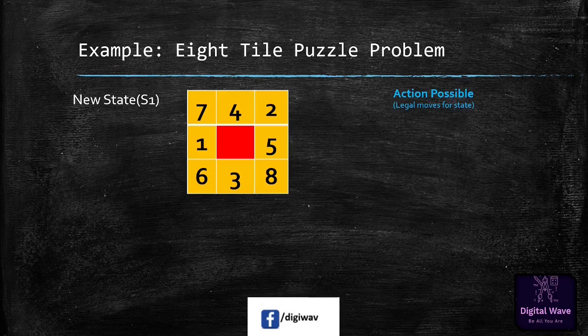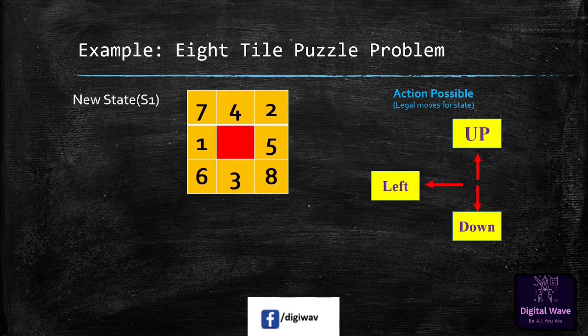Now we will see what the possible actions are. So up will be a possible solution, down will also be a possible solution, left is also a possible solution. Here we can see right will also be a legal move, but by performing this right operation we will go back to our previous state.